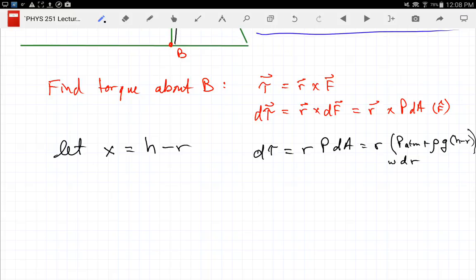So that's my full-on equation, which I would like to multiply out to make it look simpler.